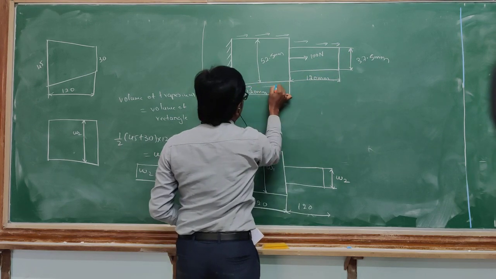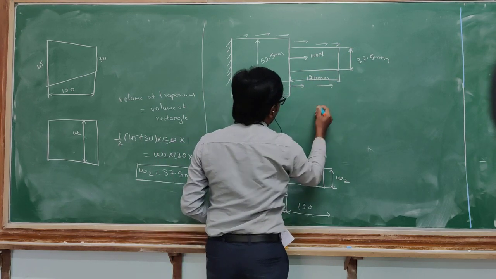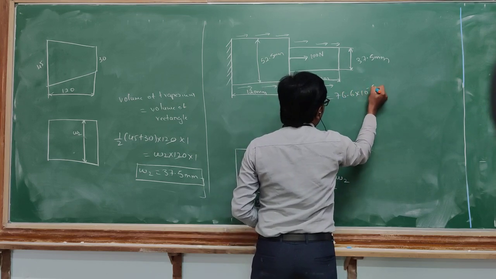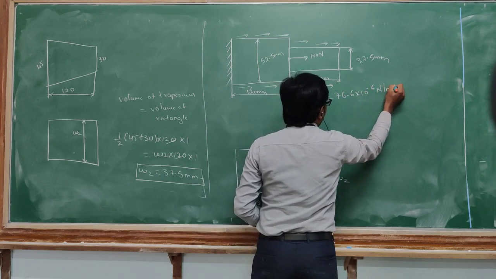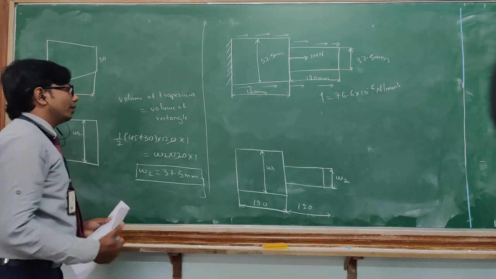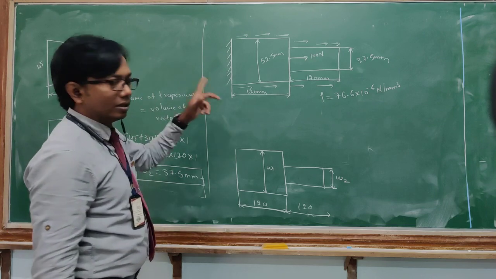This is the body force, which is given as rho is equal to 76.6 into 10 to the power minus 6 Newton per mm cube. So this is the data, now we have converted the tapered bar into a stepped bar.